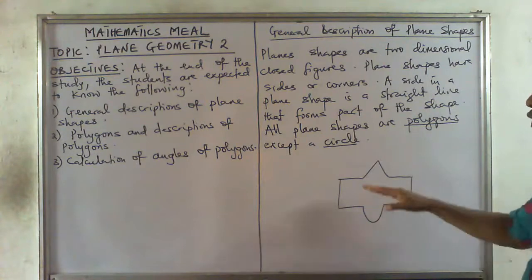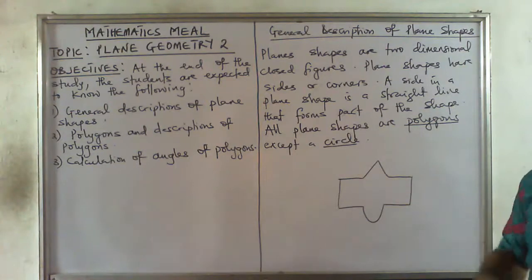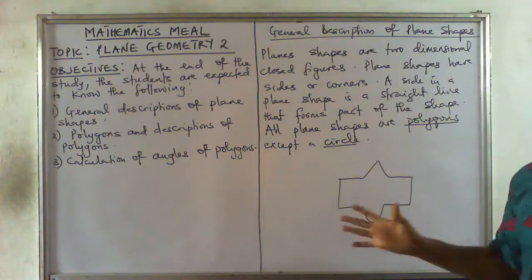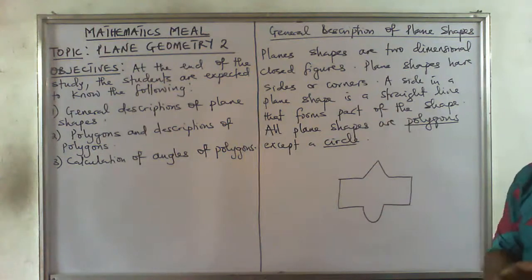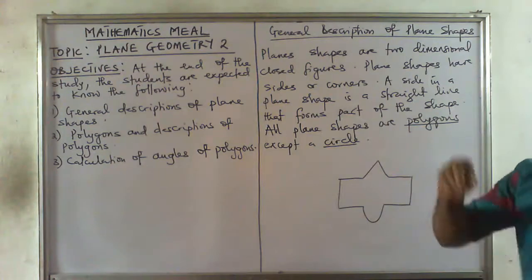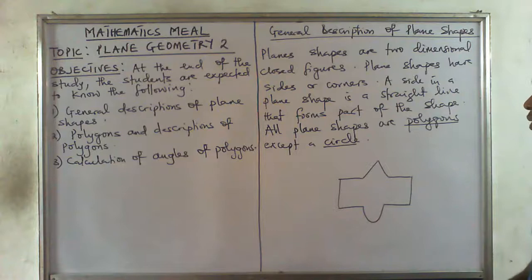In mensuration, we talk about areas and perimeters of shapes. But we are looking at geometry where we deal with lines and angles. So our interest in geometry is to calculate angles on lines and angles in shapes.